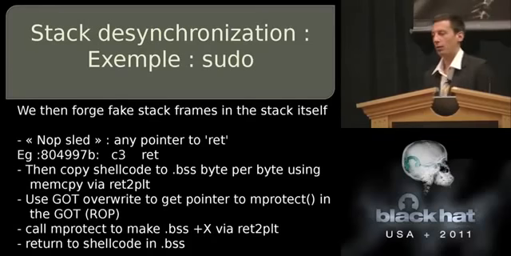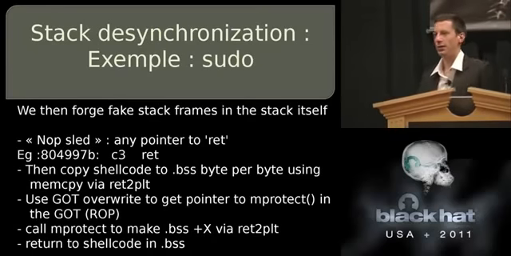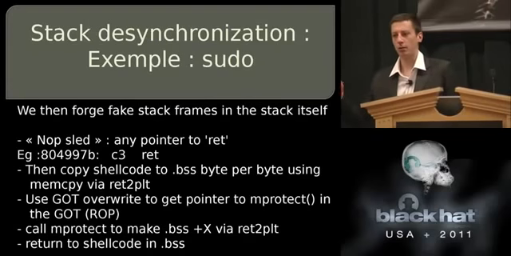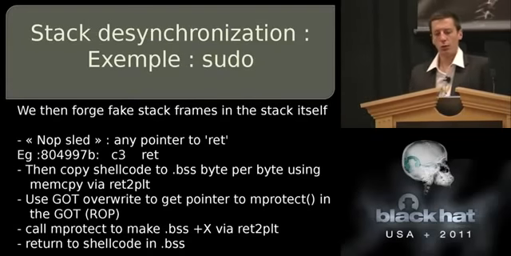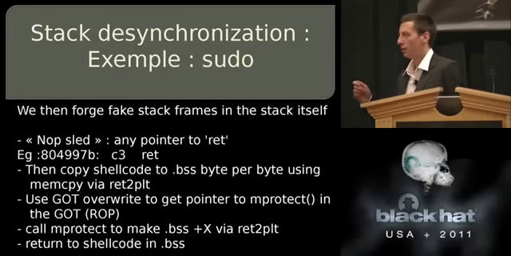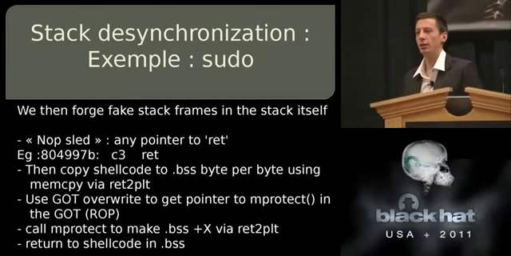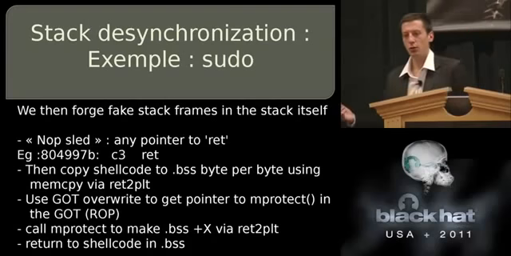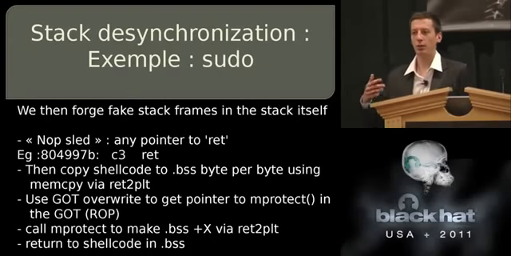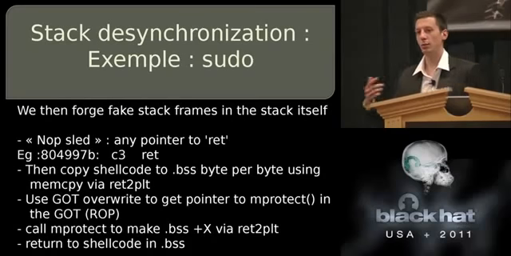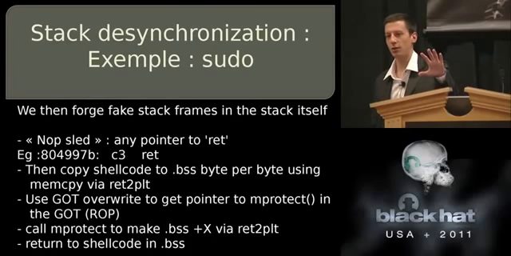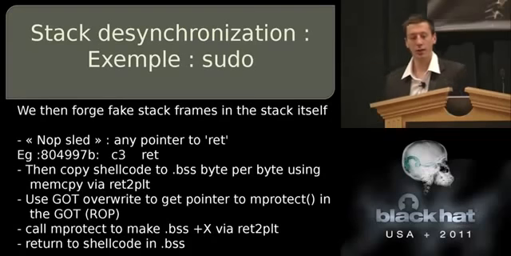Typically, in this case, you don't use a proper NOP sled in the sense of 0x90. What you use as a NOP sled is just a pointer to a ret instruction in memory. If you are attacking sudo, some of the mapping is static, even executable, like the main .text of the executable. It contains a few rets.